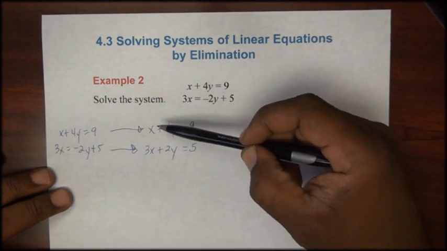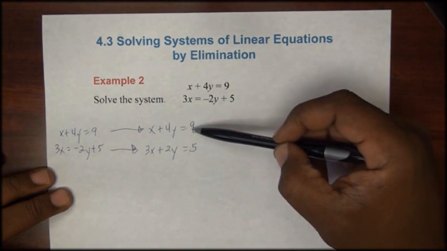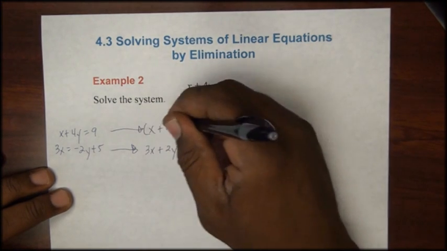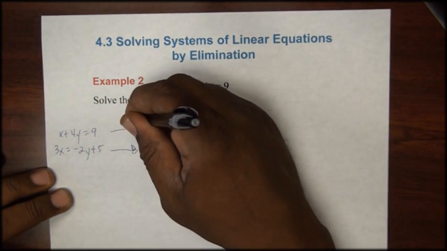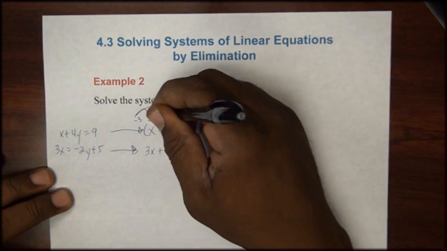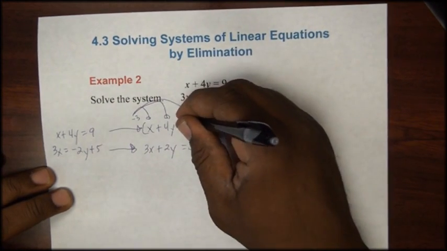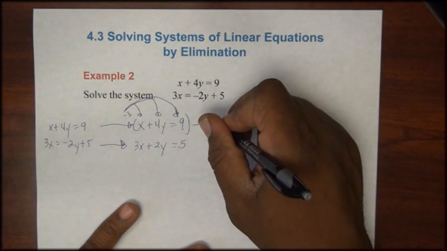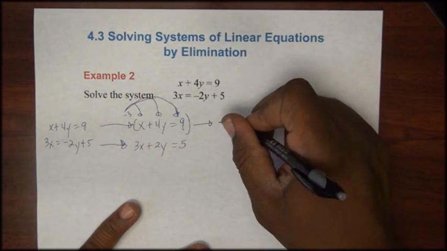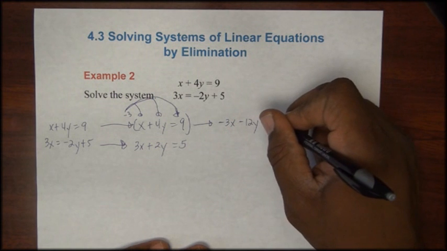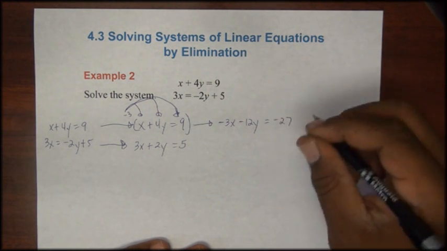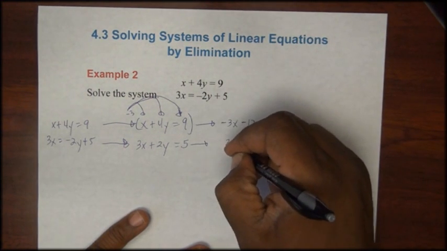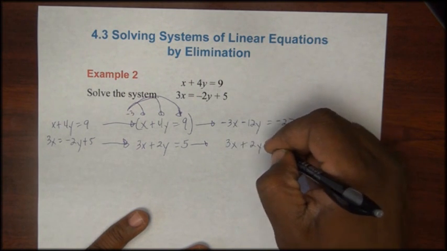So I think in this instance I will eliminate the x variable. So I'll simply multiply our top equation by negative 3. Therefore we have negative 3x minus 12y is equal to negative 27. And our bottom equation stays the same.